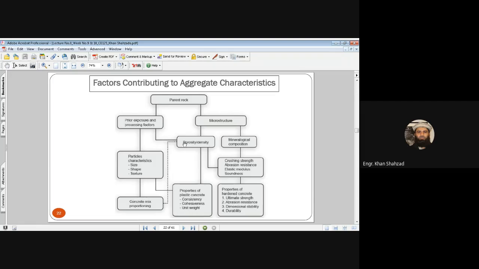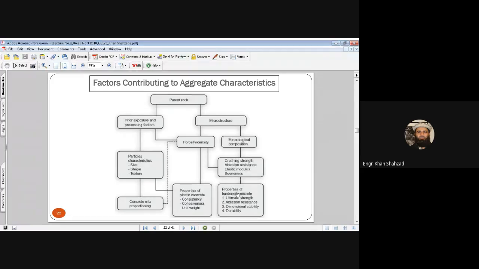The porosity and density, as I told you, whether it is porous or non-porous. Mineralogical composition, which type of minerals it has. Then the crushing strength, how much crushing strength it has. What about the abrasion resistance of these aggregates? How much is the elastic modulus of these aggregates, and what is the soundness of these aggregates?